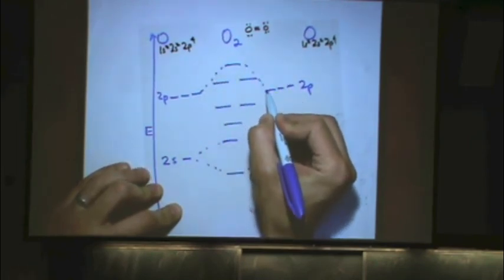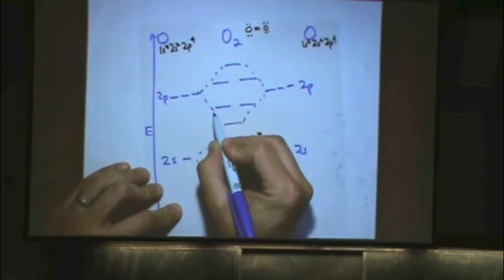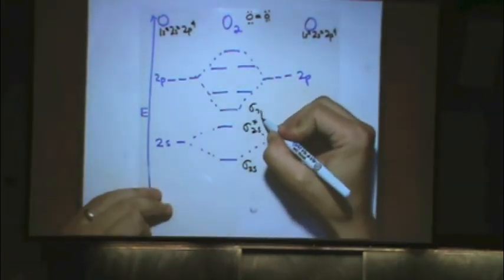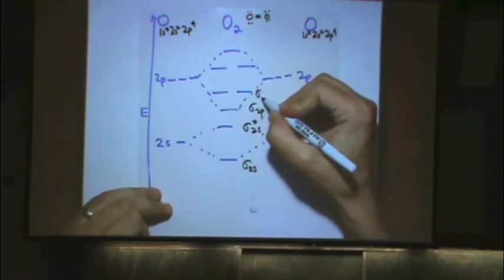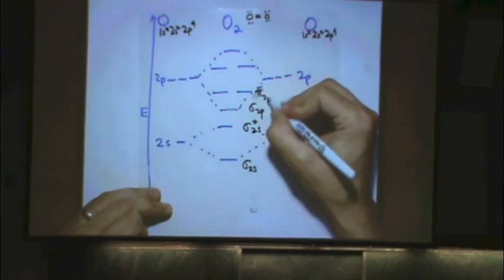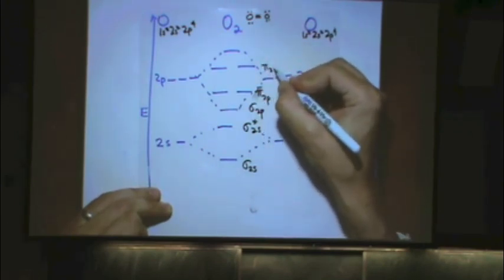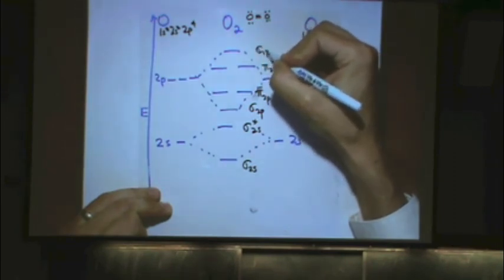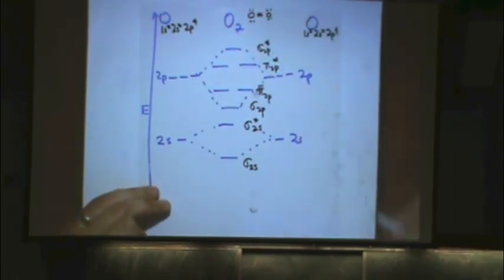Draw the dots, kind of beautify it a little bit. The lowest energy is the sigma 2p. The next is the pi 2p. Then the pi 2p star. And then the sigma 2p star.